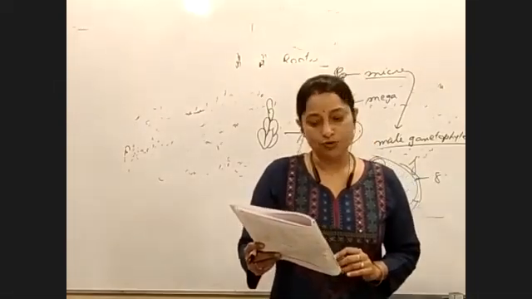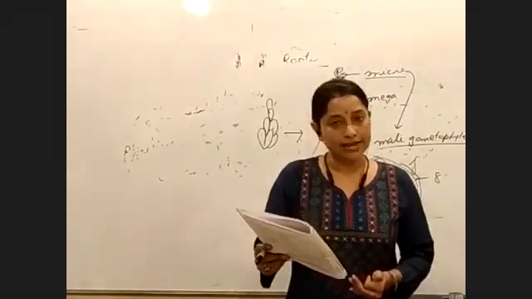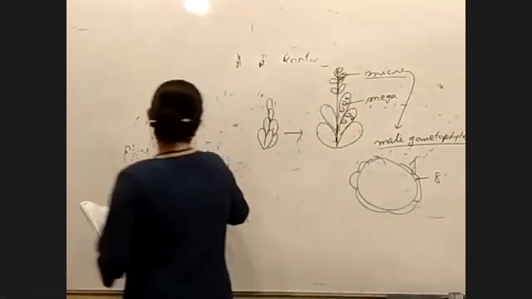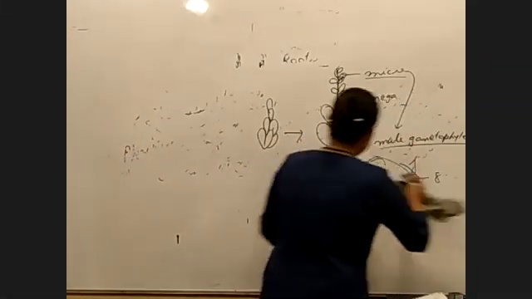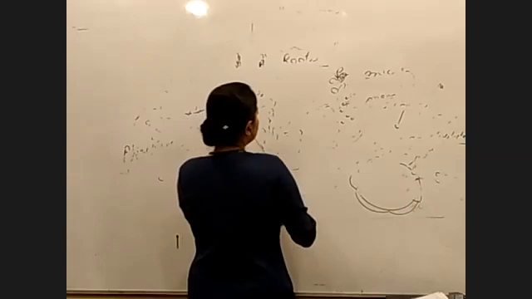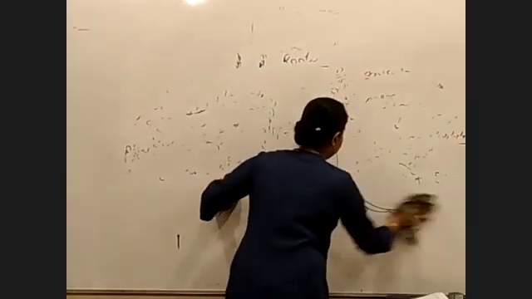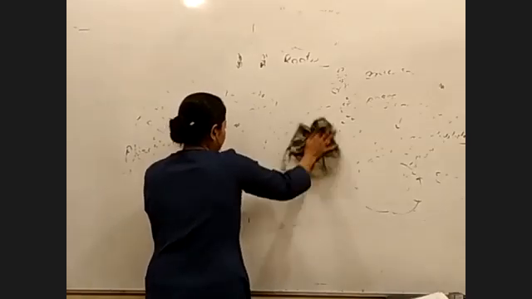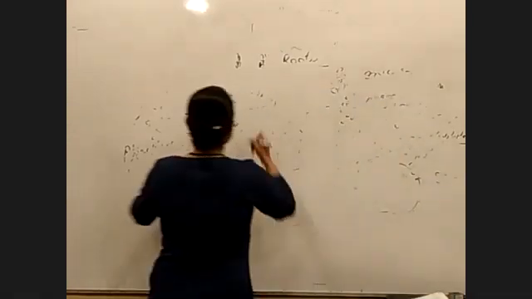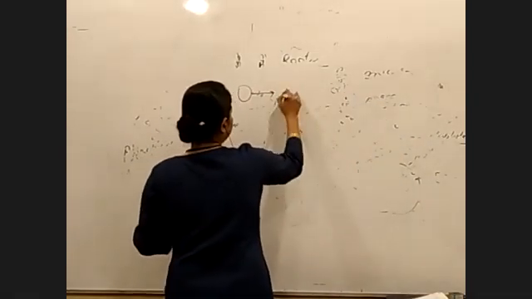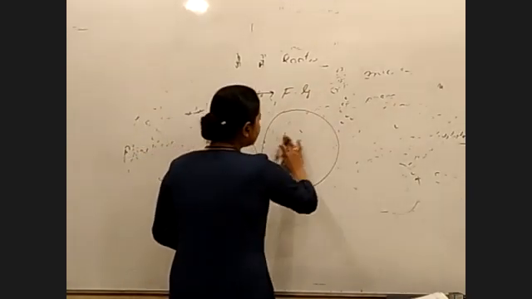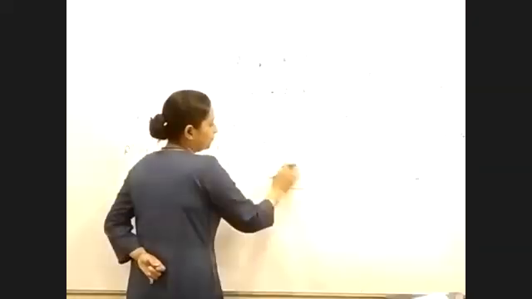Next point is about the megasporangium. Obviously, the megasporangium would form the megaspore for the female gametophyte. There are two types of spores. The small spore forms the male gametophyte, and the large spore forms the female gametophyte. The female gametophyte may be a structure like this, with two areas.